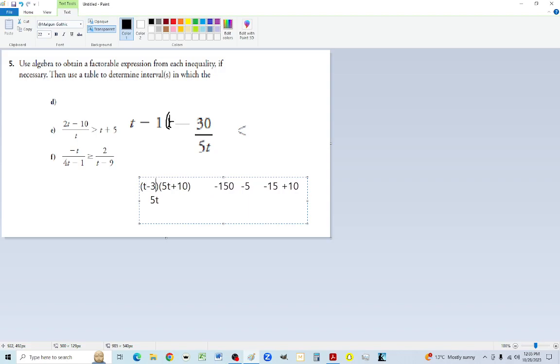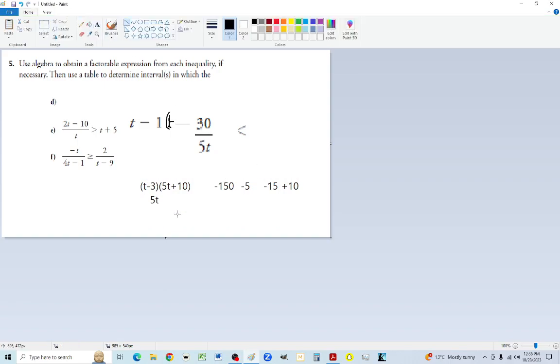And we'll try that. 5t squared plus 10t minus 15t, that's minus 5t, minus 30. There you go. That works. Sometimes the slip and slide doesn't work properly, so you have to just readjust a little bit.